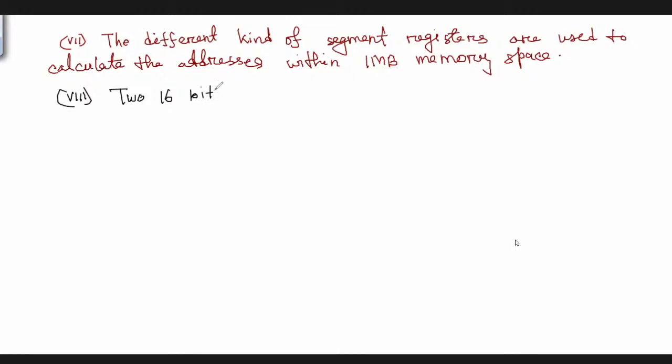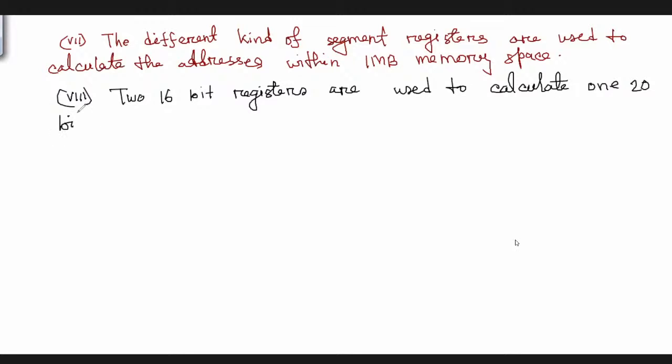Two 16-bit registers are used to calculate a 20-bit physical address. This is called the physical address. We will later discuss what we mean by physical address. There are 2 types of address: one is called the physical address, another is called the logical address.